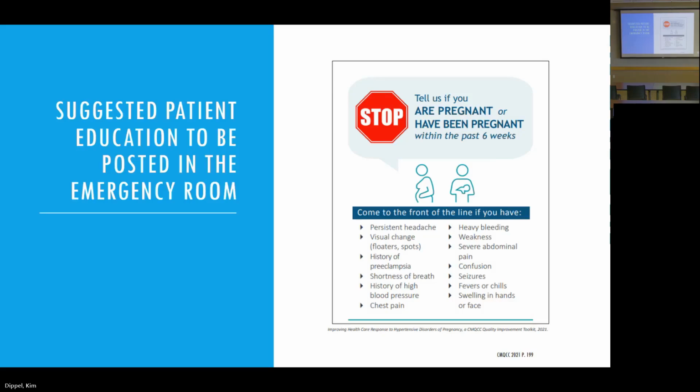Tell us if you're pregnant or have been pregnant within the past 6 weeks. We incorporated that into our system, and it's really, have you been pregnant in the last year? Because there could be some symptoms involved, you go to the front line, you need to be seen. So come to the front line if you have any of those things.